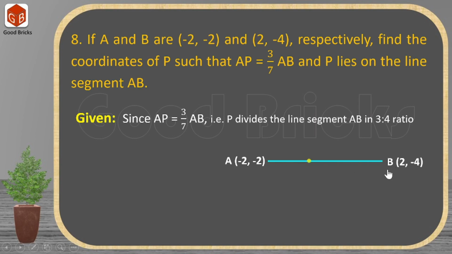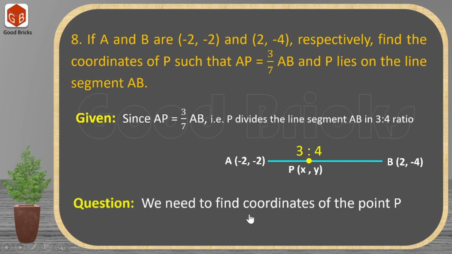On this line there is a point P, and they said that this AP is equal to 3 by 7th of AB. It means out of 7 parts, AP length is 3 parts. So we can say that AP is to PB is equal to 3:4 ratio.